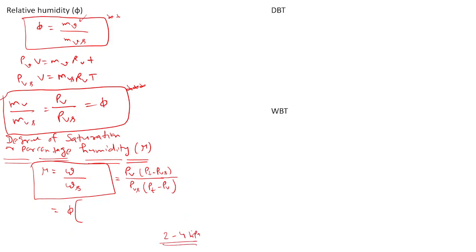And PT is like 101.325, atmospheric pressure. So 2 is very much less than this value, and when it is subtracted, it is very close to this term. Approximately it comes as 1. Okay. So degree of saturation will show similar things as the relative humidity.